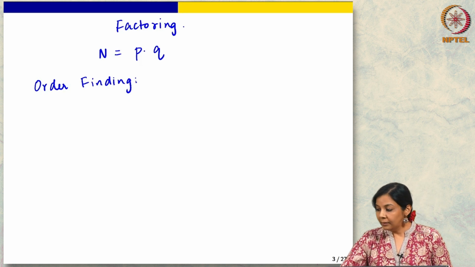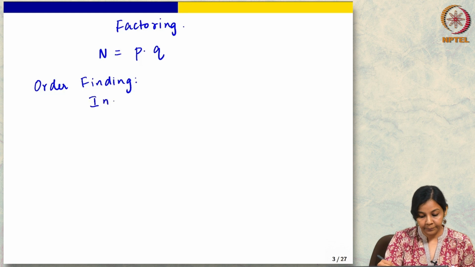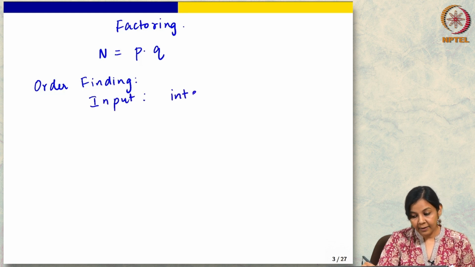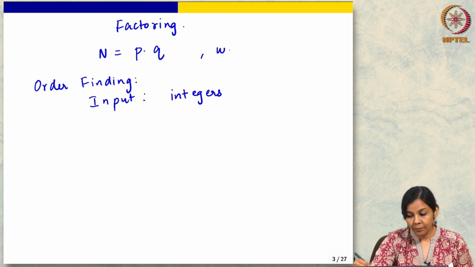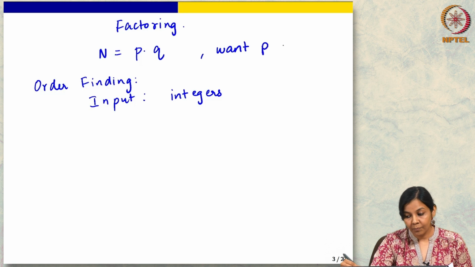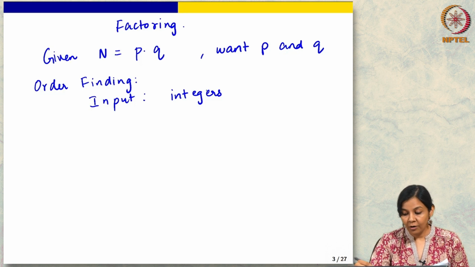So, what is the order finding problem? Well, the inputs are integers x and n such that GCD of x and n is 1.